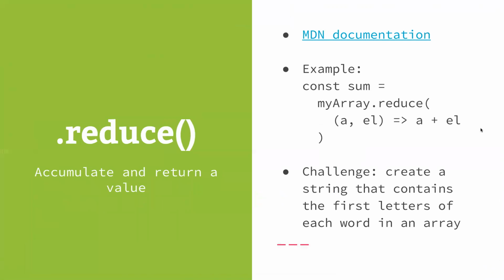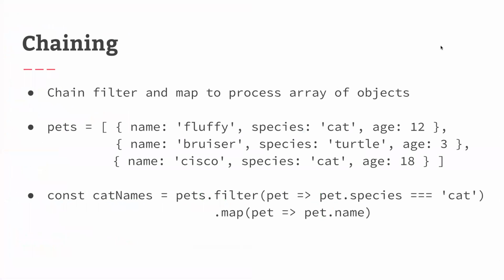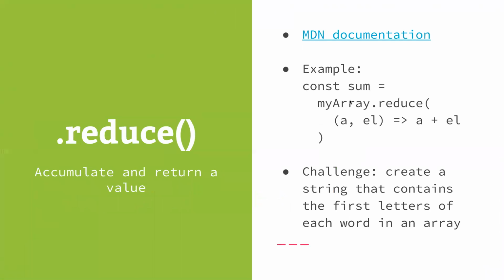Reduce. Oh, and all of these, by the way, I have a link to the MDN documentation. Okay, so reduce. Reduce is commonly used to sum up elements in an array. So what reduce does is it takes your accumulator.